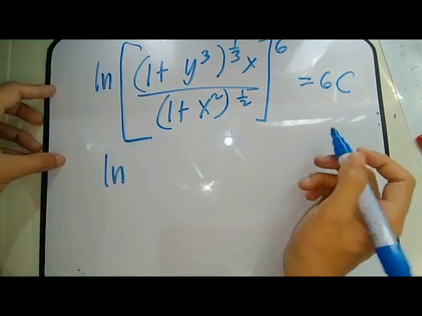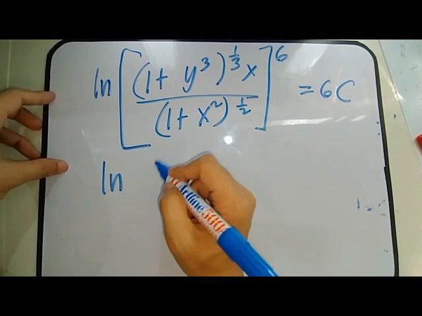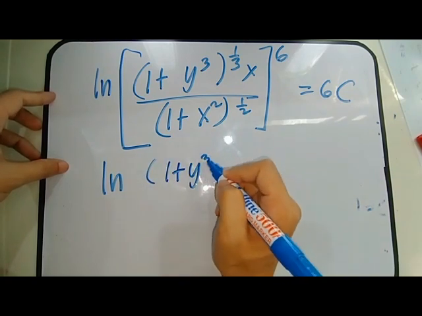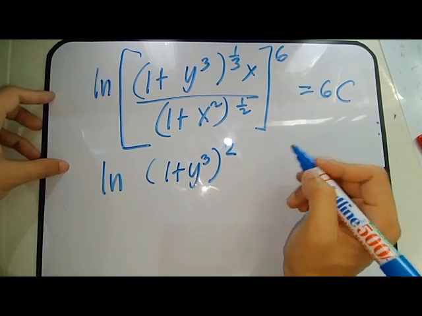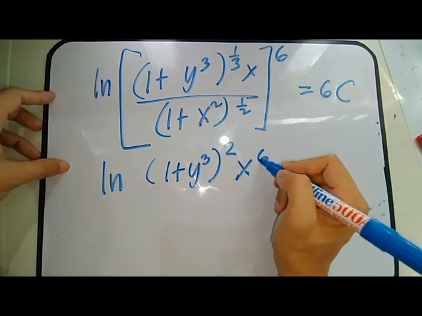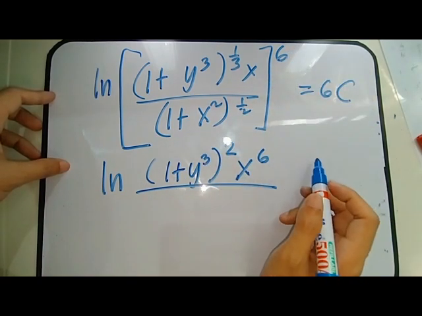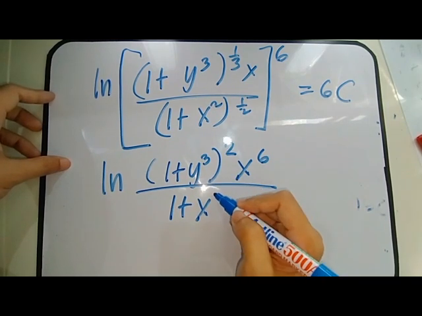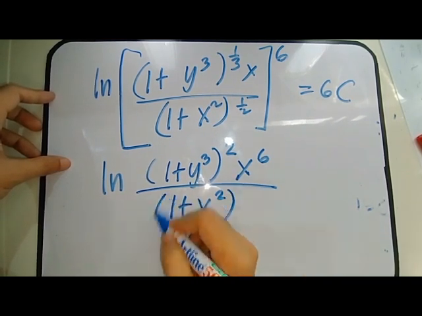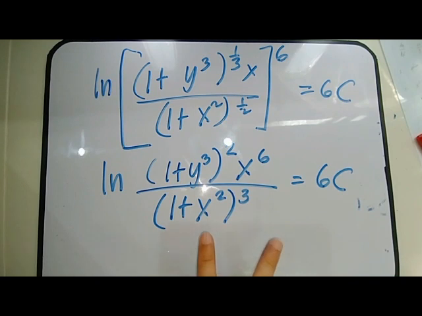So ln equals, so ito i-distribute natin yung exponent niya. So this is 1 plus y cubed, so this is 6 times 1/3, so that is squared, x raised to 6 all over 1 plus x squared, so 1 half times 6, that is 3. So 1 plus x squared cube equal 6c.